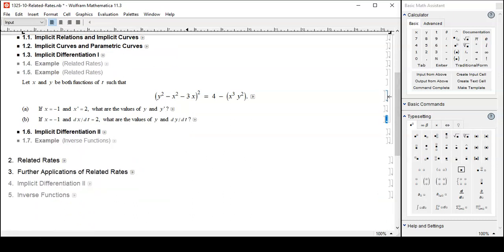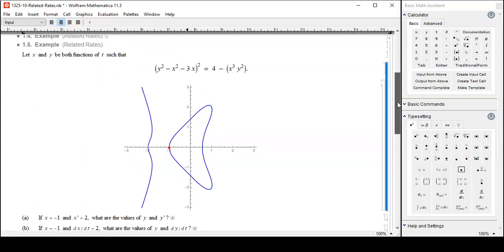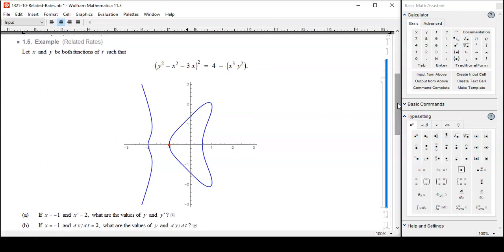Well, here we go. Here's the implicit curve, and x is negative 1. Right here, turns out y equal to 0, yeah, right here. And what kind of tangent line do you see? You see, the derivative is the tangent. What kind of tangent line do you see? It's vertical. You see, that's how everything is breaking down.